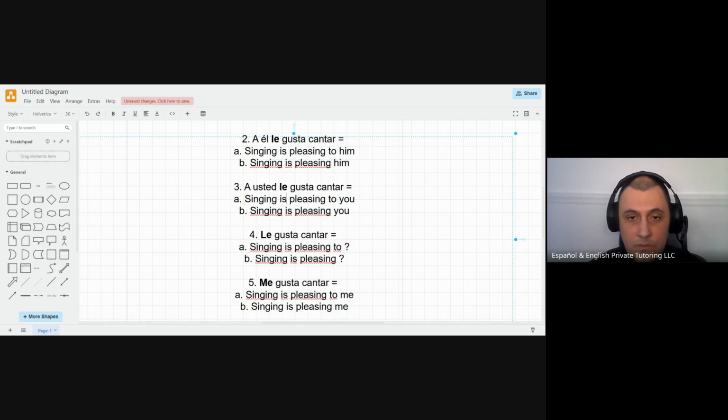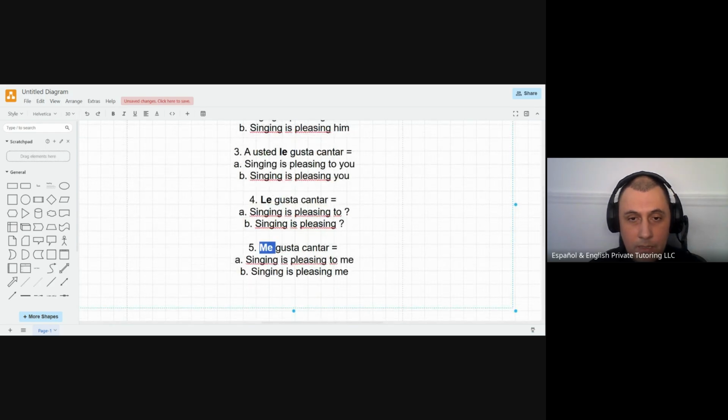But if it is understood, I can just say this. If it is a conversation and it's understood that we are talking about her, I can just say this. Now, me is also an indirect object pronoun replacing the indirect object to me, which I can include in the sentence if I want.